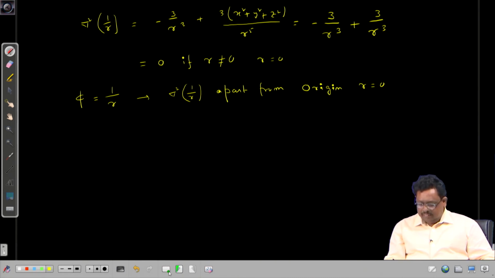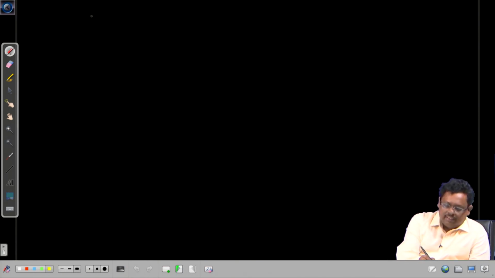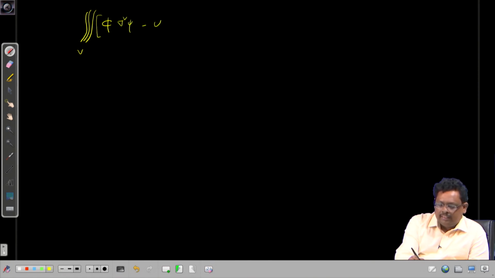Now, again as I said, I am going to use that particular boundary integral method, like that Green's identity, which, if I apply over a volume, is the integral of phi into del square psi minus psi into del square phi dV.